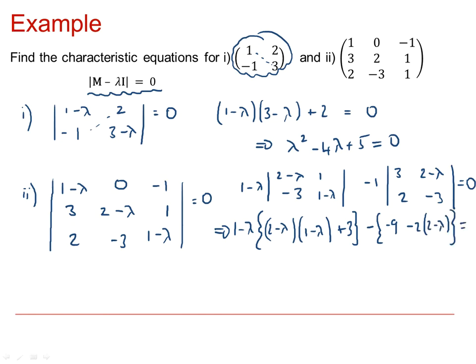And that must be equal to 0. Now you can see this is going to give us a cubic equation. So you can check through that. The cubic equation comes out to be minus lambda cubed plus 4 lambda squared minus 10 lambda plus 18 equal to 0.